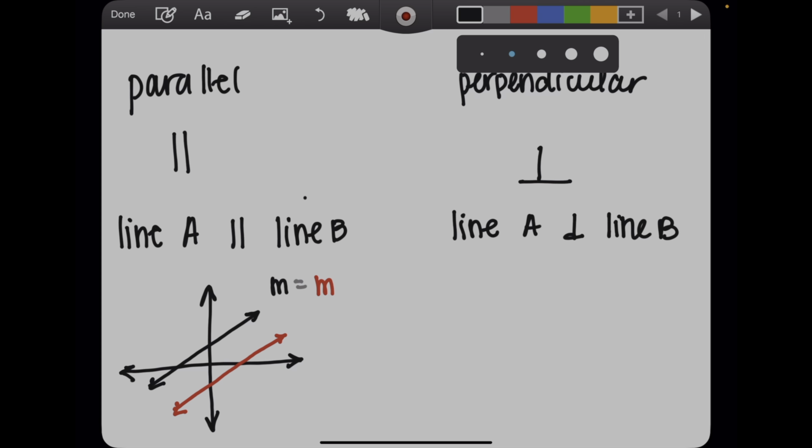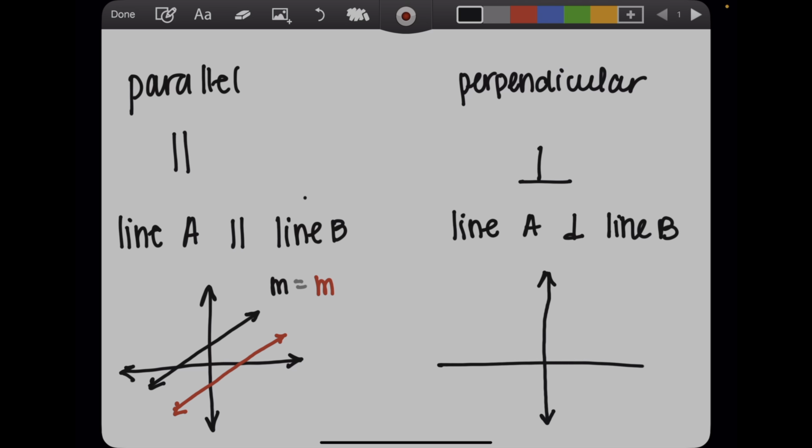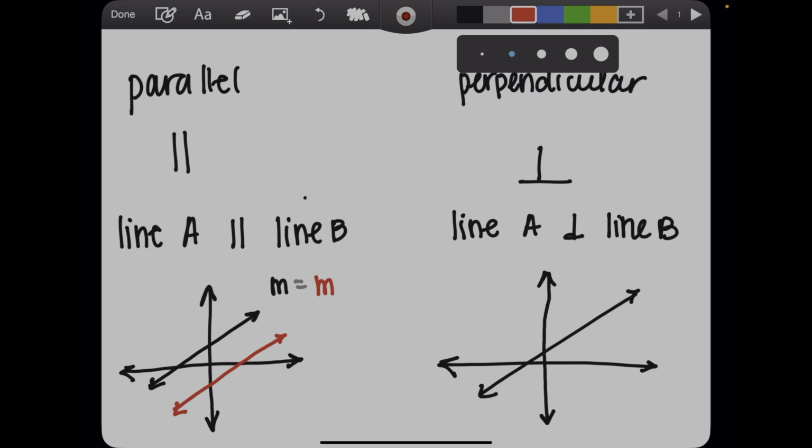Now for the perpendicular lines, we're going to see them intersecting, forming 90-degree angles. So if we have a line going this way, like the first one, a perpendicular line, shown in red, will intersect it and form a 90-degree angle.